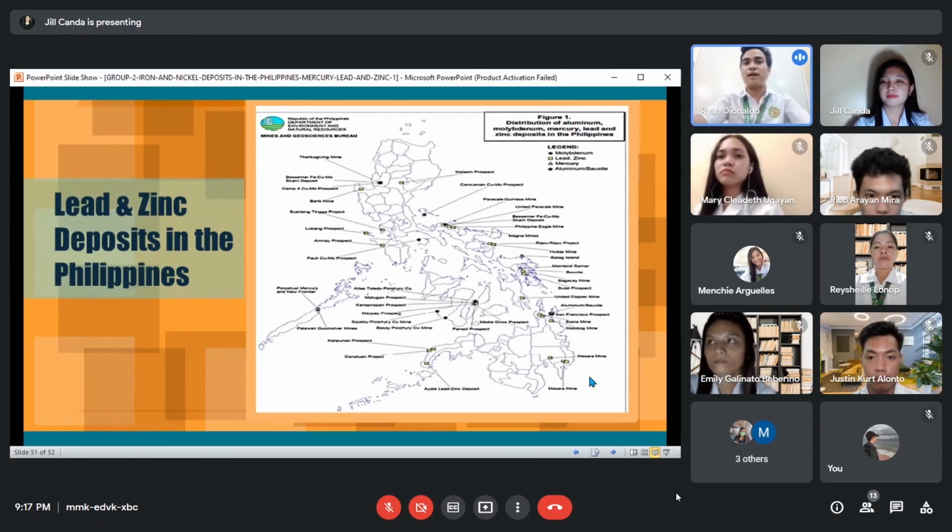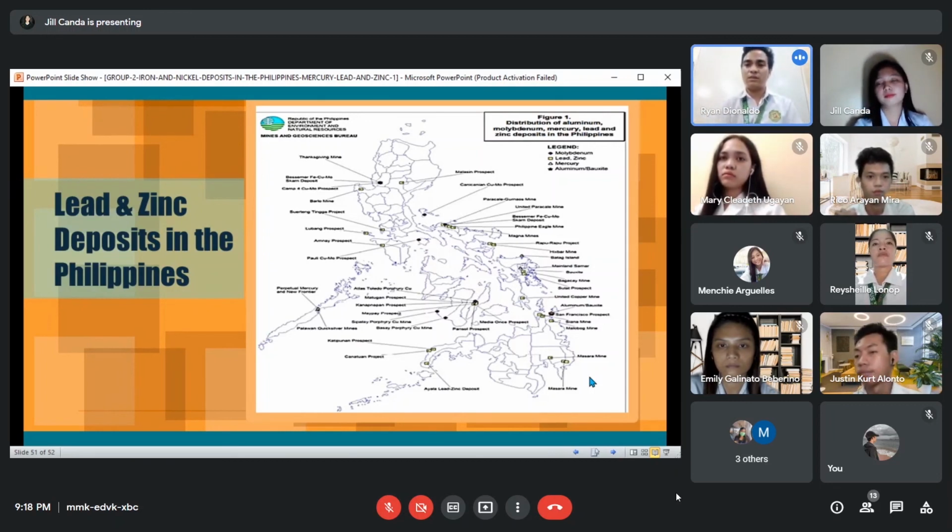As I discussed earlier about lead and zinc deposits in the Philippines, I discussed the locations where lead and zinc are found, and we have shown through this map the distribution of mineral deposits here in the Philippines. And that's all.